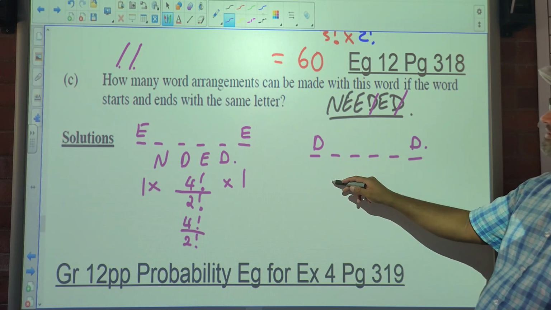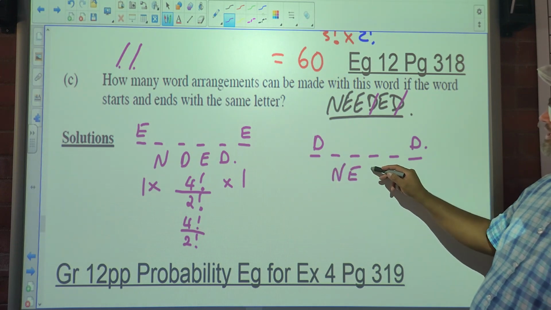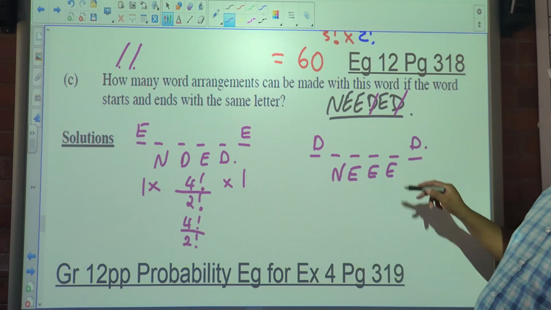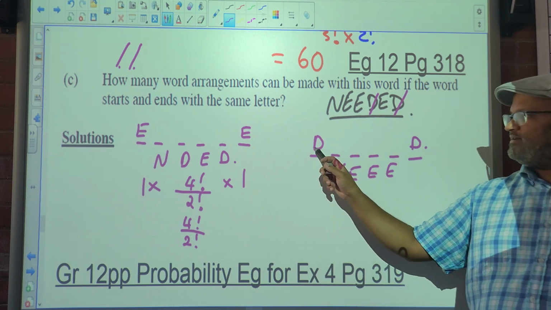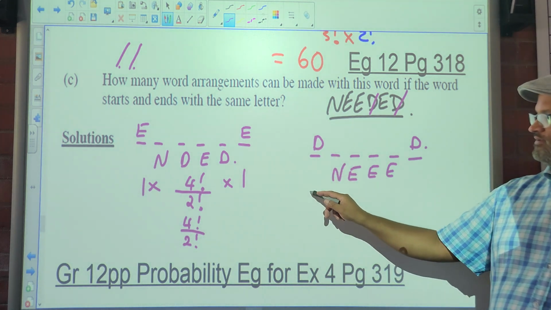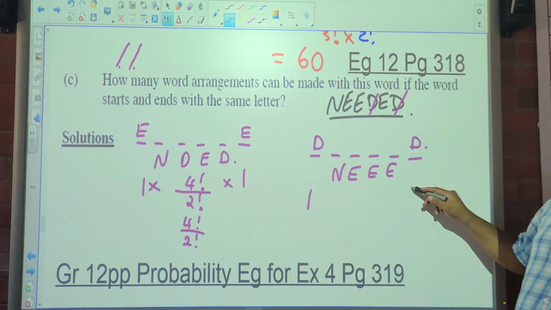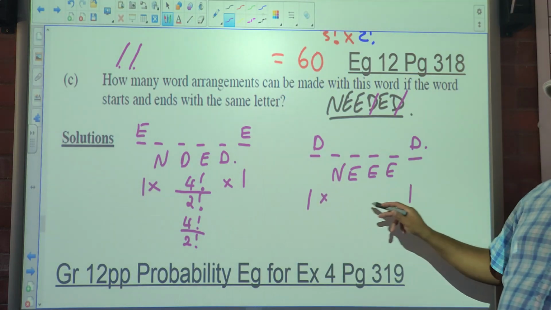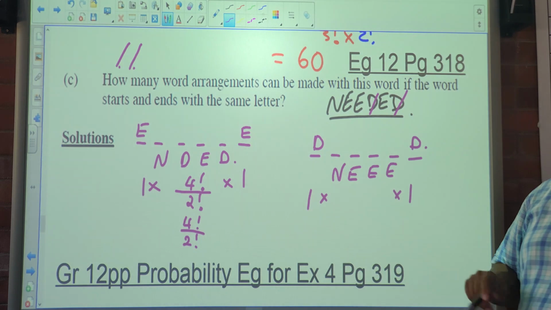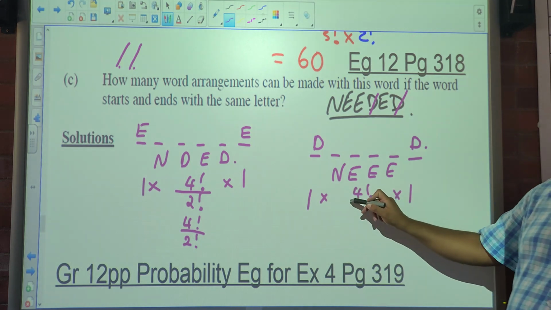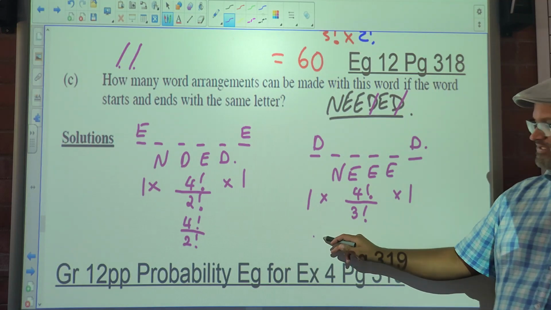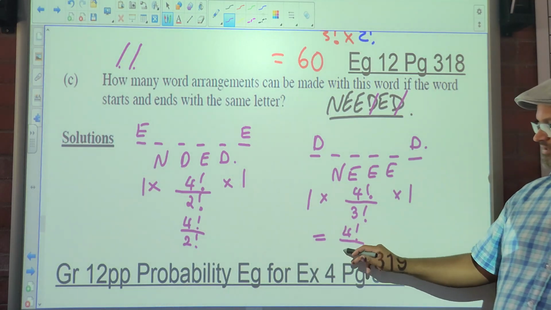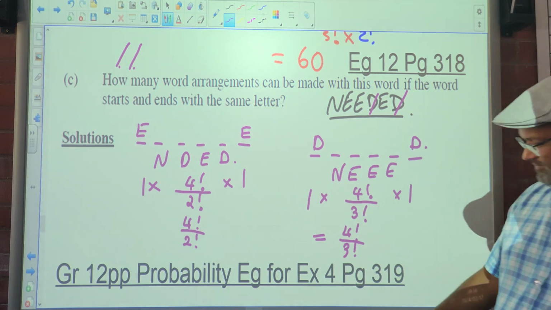Then we got N, E, E, E. How many options do I have here? One. How many letters are we left with? 4 factorial over 3 factorial. It simplifies into 4 factorial over 3 factorial.